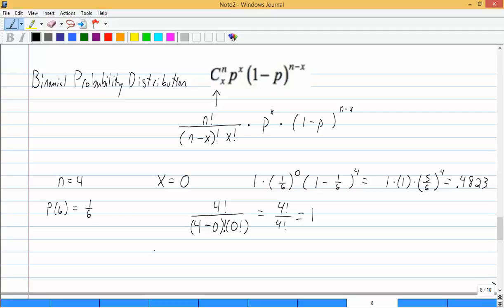Now we could do that for getting 1 6, 2 6s, 3 6s, and 4 6s. If we calculated all of those values, then I would be able to copy down a table with a binomial probability distribution, and all those probabilities are guaranteed to add up to 1.